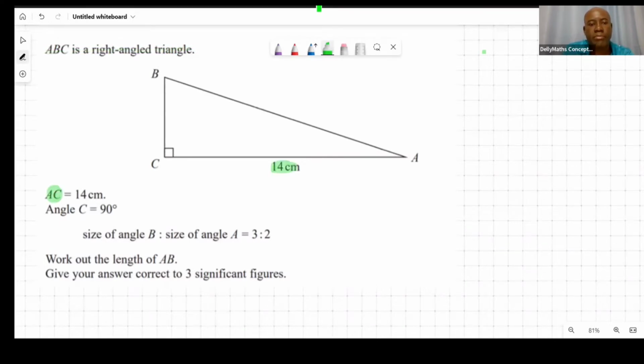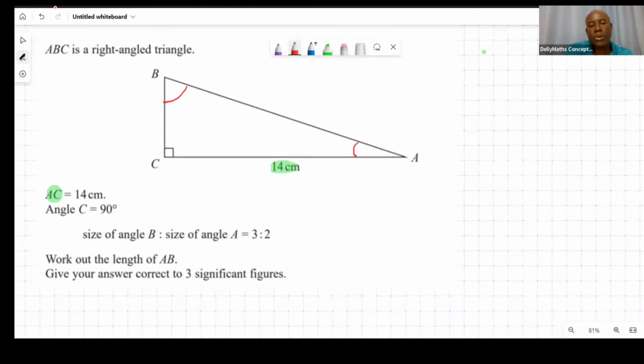Angle C equals 90 degrees, and we're referring to this angle right here, that corner. The size of angle B to the size of angle A is 3 to 2. So there's a relationship between the angle at B and the angle at A.